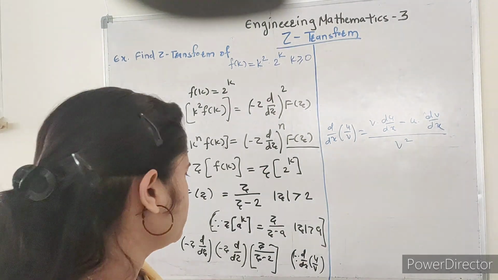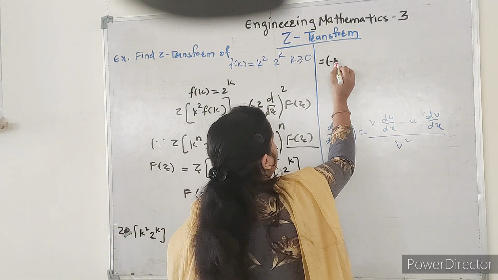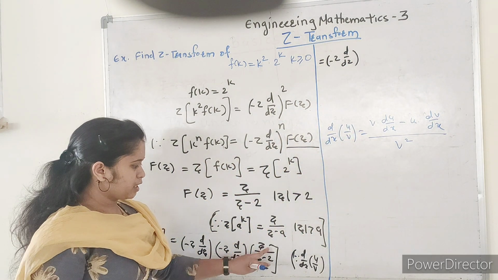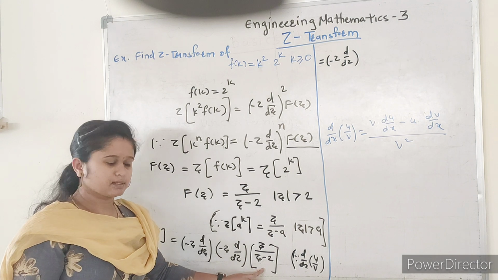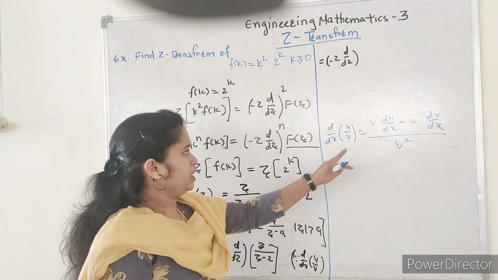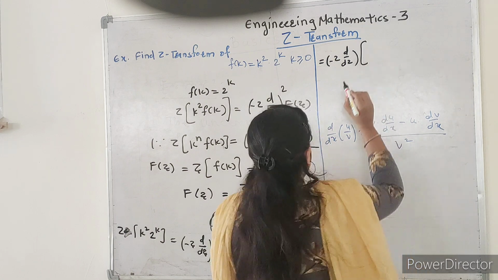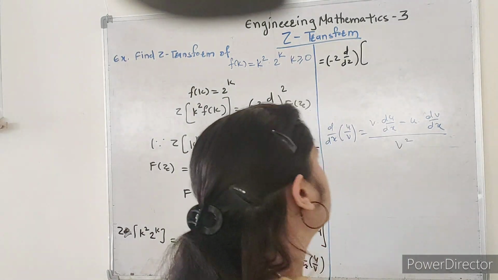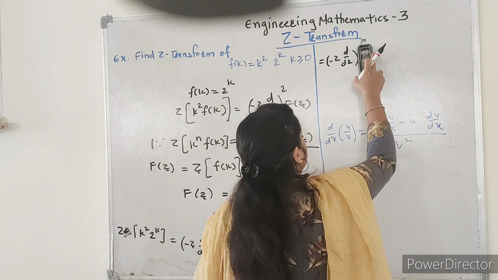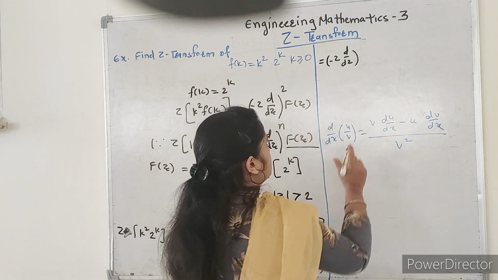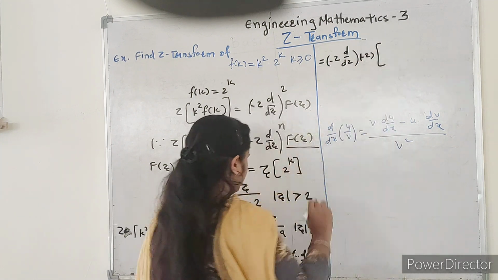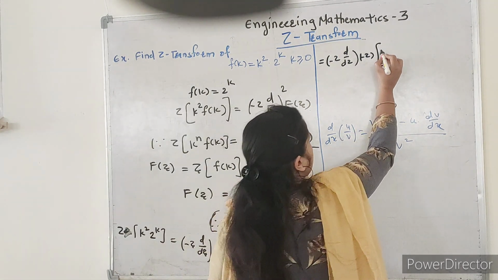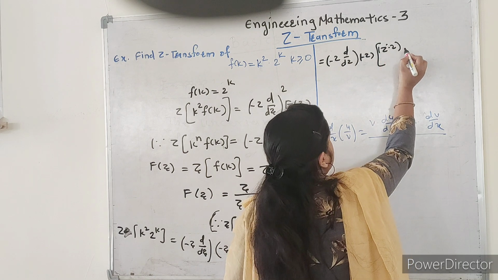The derivative is minus z into d upon dz as it is, and in this derivative u means z and v means z minus 2. So this minus z stays as it is, and in bracket we solve this derivative. First, z minus 2 as it is.